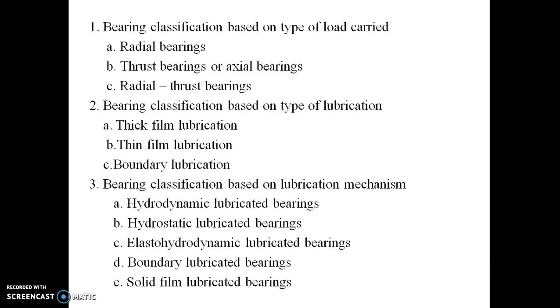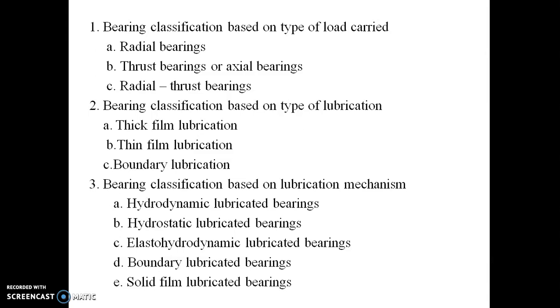The second one, thin film lubrication. In this type, the surfaces are separated by a thin film of lubricant. But at some high spots, there is metal to metal contact. Because of this intermediate contact, it is also known as mixed film lubrication.